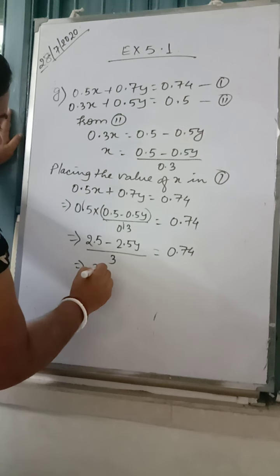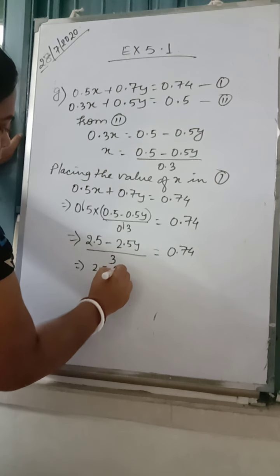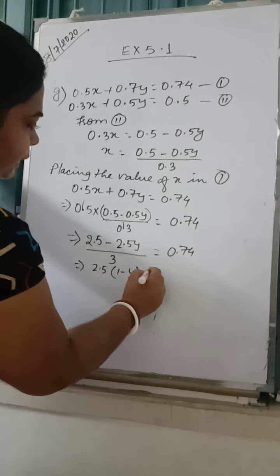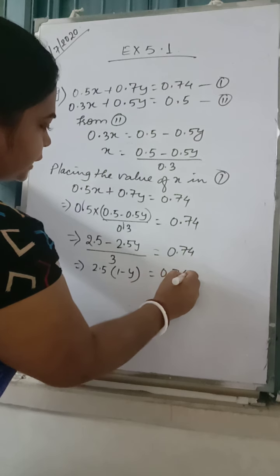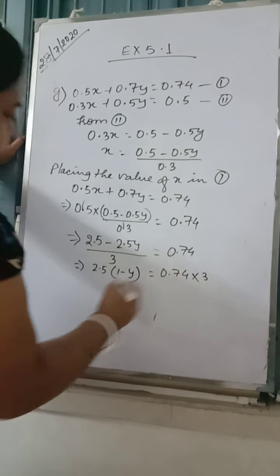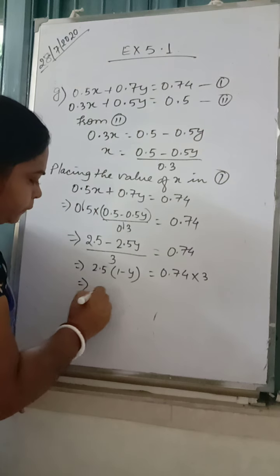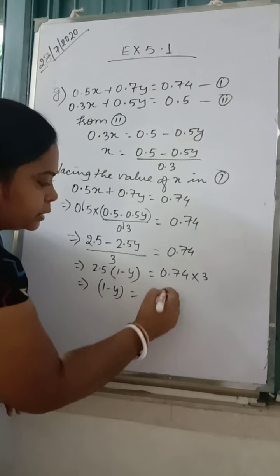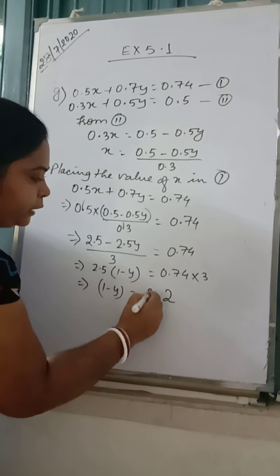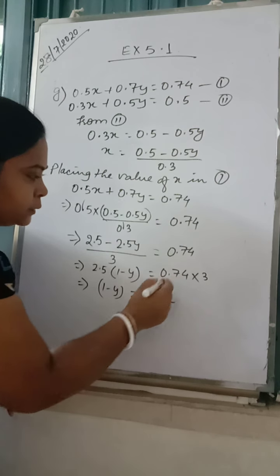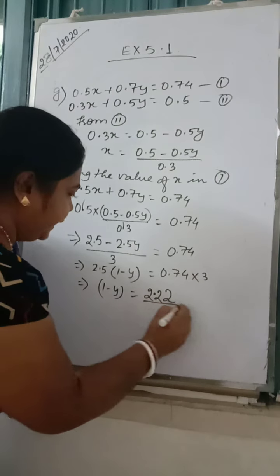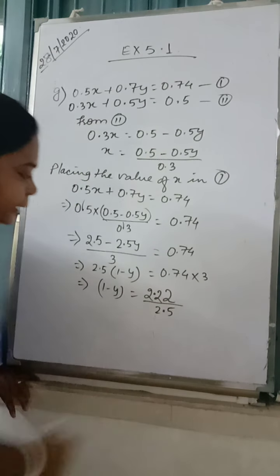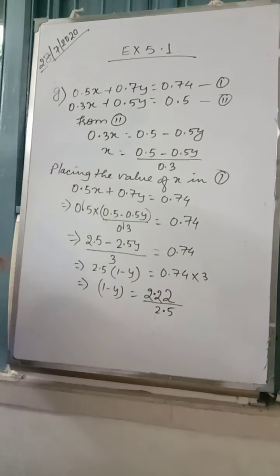Now 2.5 is taken common. I am left with 1 minus y is equal to 0.74 into 3, or 1 minus y is equal to 3 4s are 12, 3 7s are 21, and 1, 2.22 by 2.5.